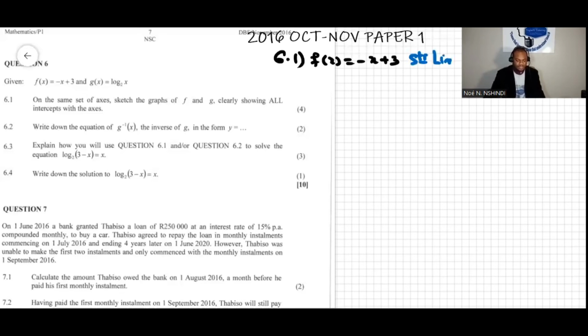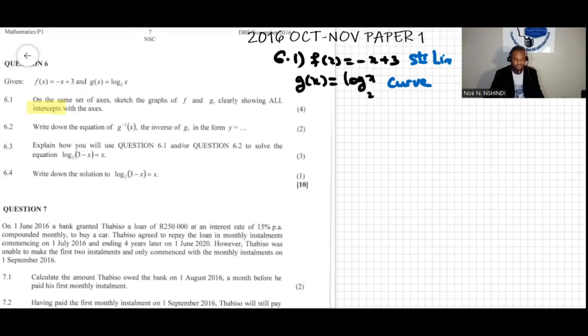And g of x, given by log of x base 2, is just a curve, the curve of a logarithm function. Now, if I need to draw the two on the same set of axes, first we need to determine, as the question says, all intercepts with the axis.